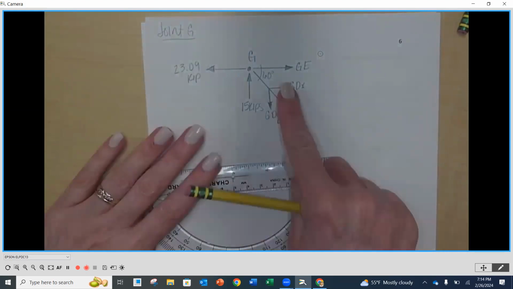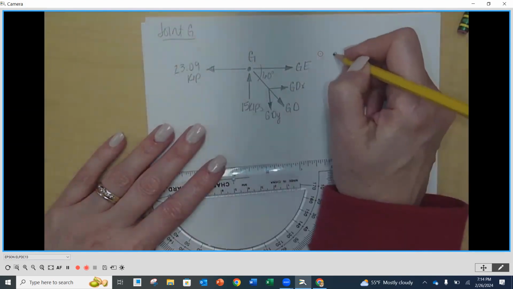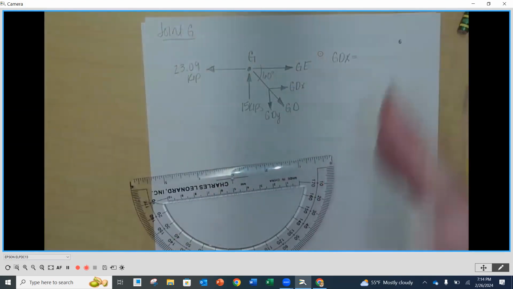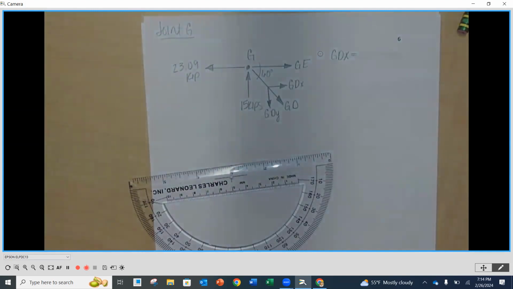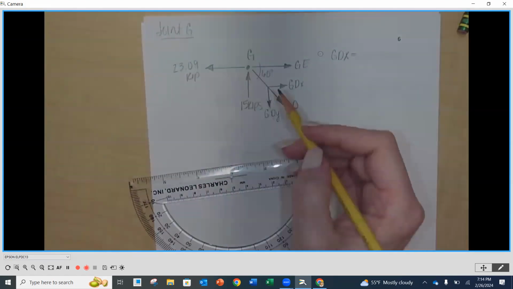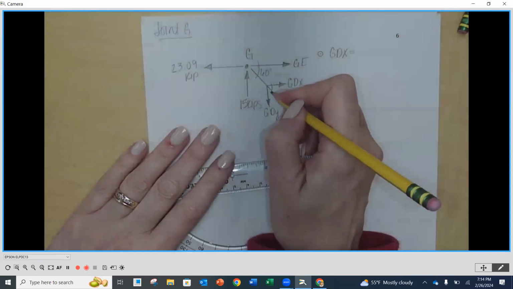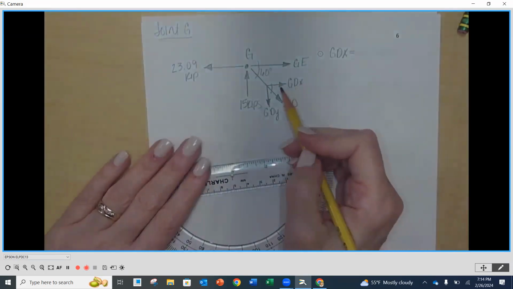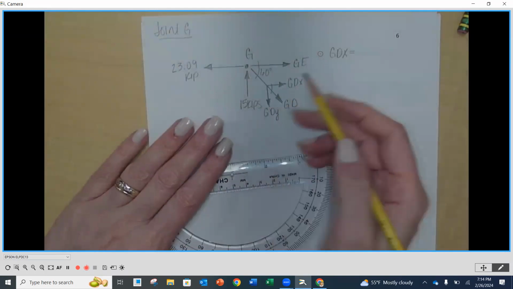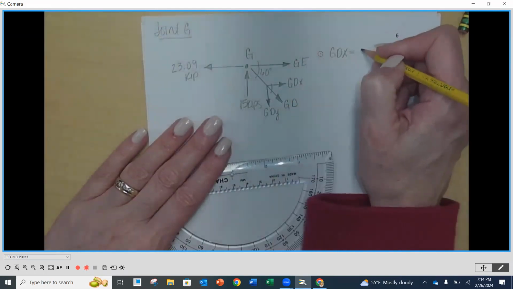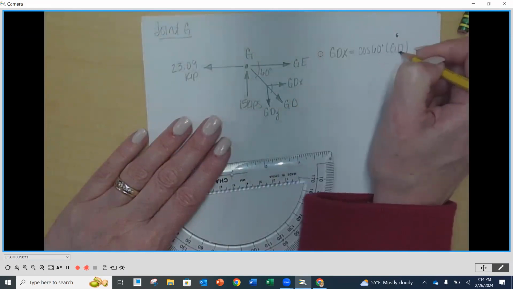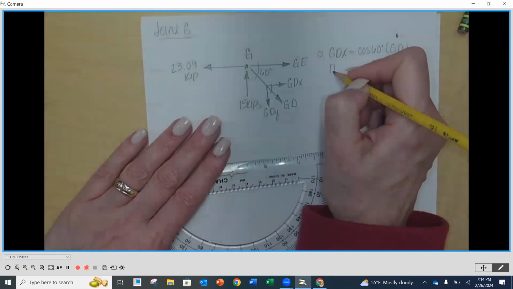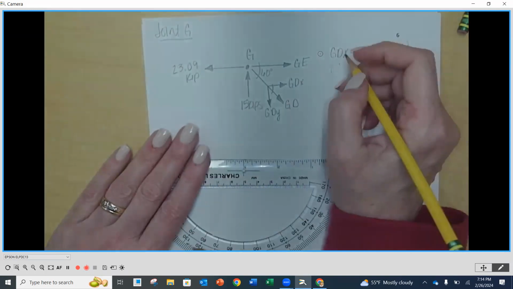Okay, so now before I get too far, I'm going to identify my GDX. Well, I know that this is at a 60-degree angle, right? And I know that angle is going to keep coming up. So I need to determine what its value is going to be here. So I know that this is 60 and this is 60. So my GDX is going to be the cosine of 60 degrees times GD.